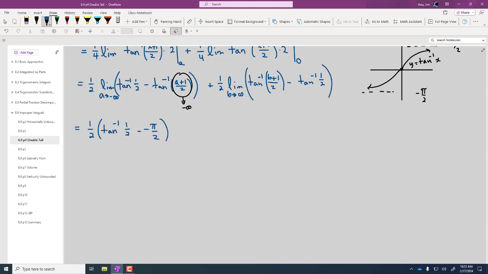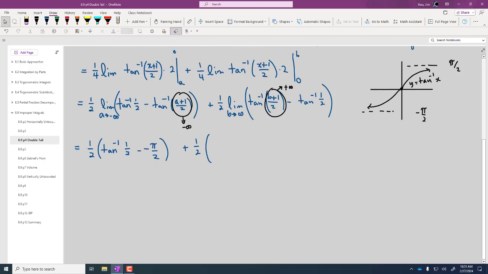All right. And then the second one, 1/2. Here, the limit is as b goes to plus infinity. So this piece inside the arctan is going to positive infinity. And as we look at our graph, as x goes towards positive infinity, arctan of that goes towards pi over 2.